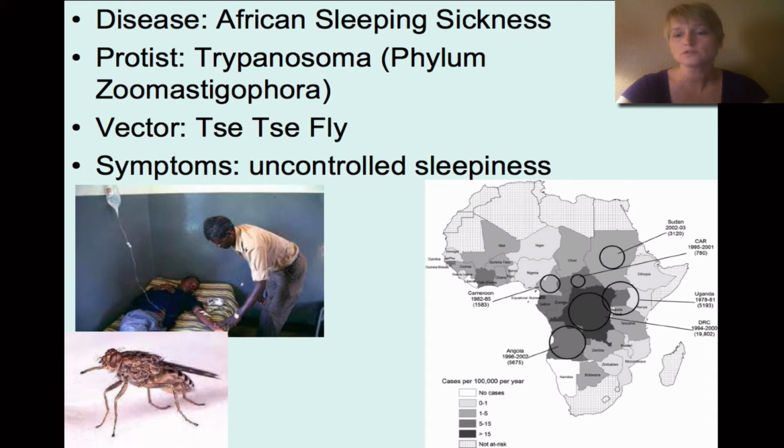So the person will really lay down and go to sleep, and then they don't eat, and they're not drinking fluids, and so a lot of people die from this. And this is very common in Africa, and you can see from the map here there are quite a few regions where it is very common and causes a lot of deaths.